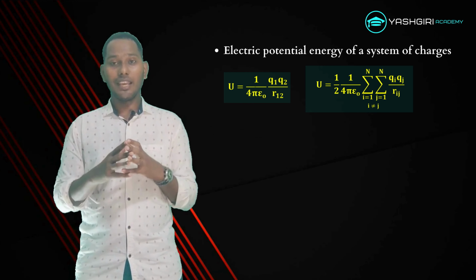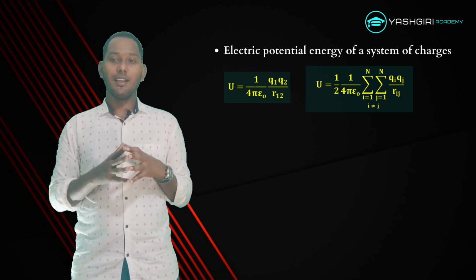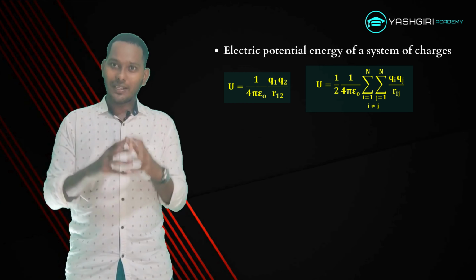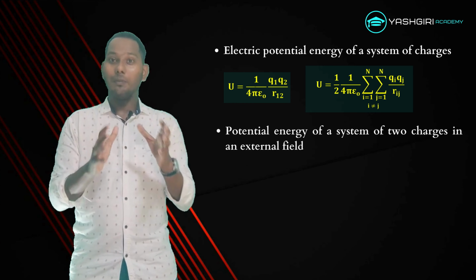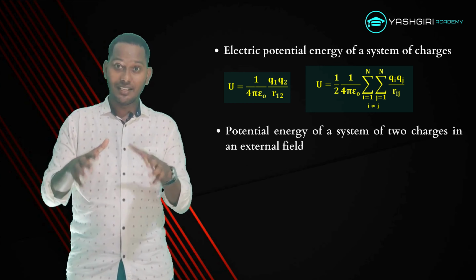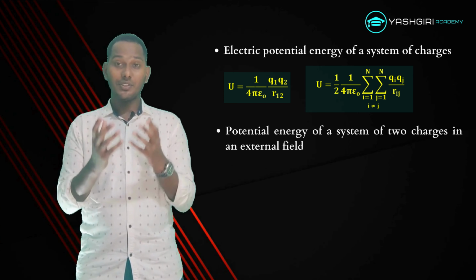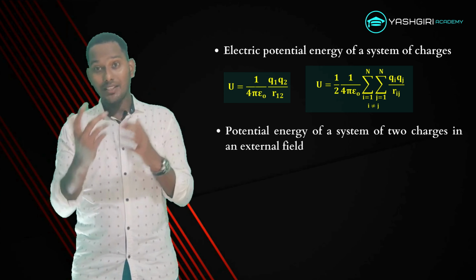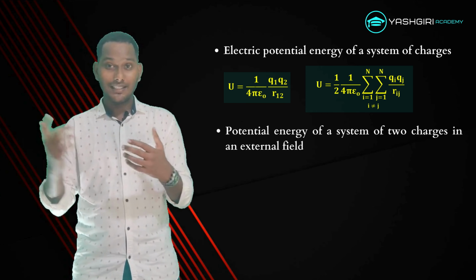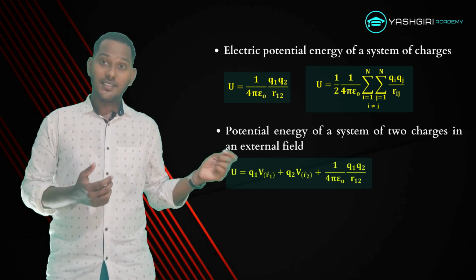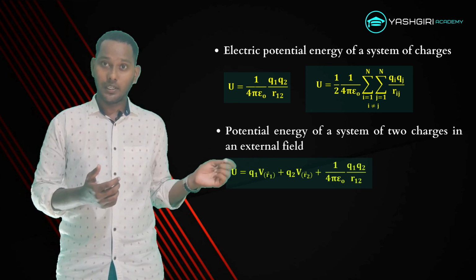Then we also obtained the equation for potential energy when the charges are placed in some external field, and there, students, we discussed by taking two charges Q1 and Q2 placed in that external field, and this is the equation that we obtained, right?